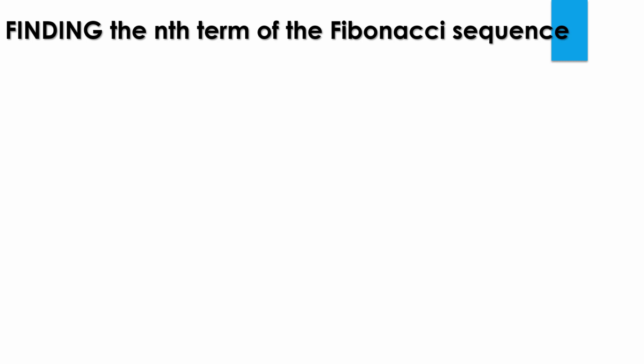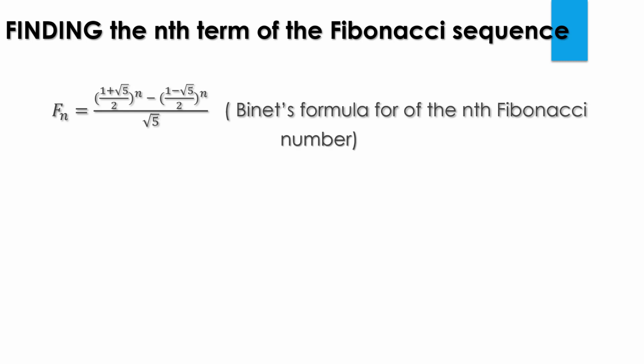Okay, next, so finding the nth term in Fibonacci sequence. So alam ko ito yung pinakahihintay nyo, yung pagsusolve and then pagko-compute, di ba? Okay, so para malaman natin yung nth term ng Fibonacci sequence, we're going to use this formula. Formulated, or what we call the Binet's formula for the nth term of Fibonacci number.